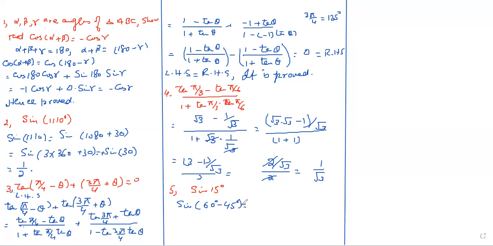Using the sine formula, sine A minus B is sine A cosine B minus cosine A sine B.